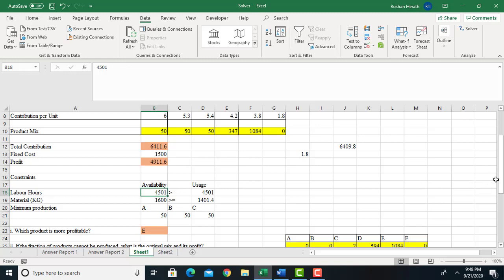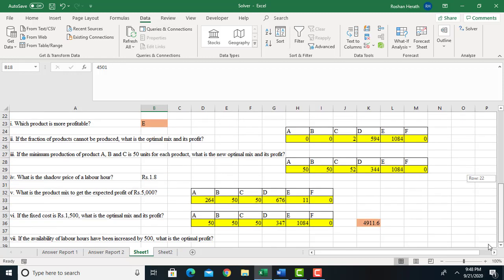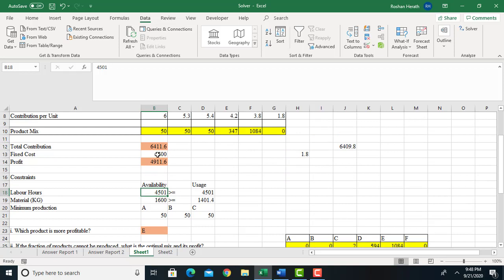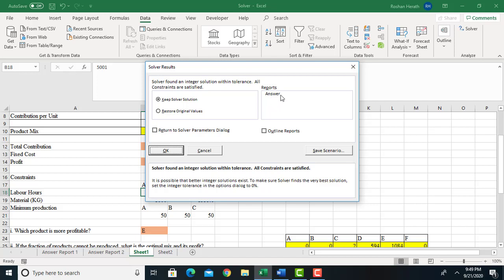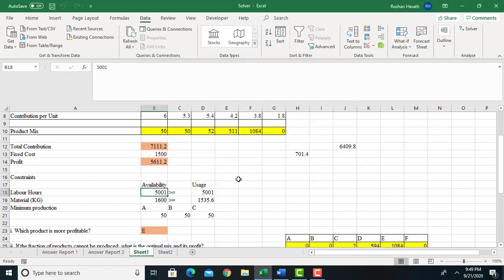If you increase it by 500, let's see what the profit is. So it becomes 5001 availability. Once you add 500 to that, you need to run this solver again for the updated situation. Profit needs to be maximized, the things as such, say solve, and you can ask to keep the answer.